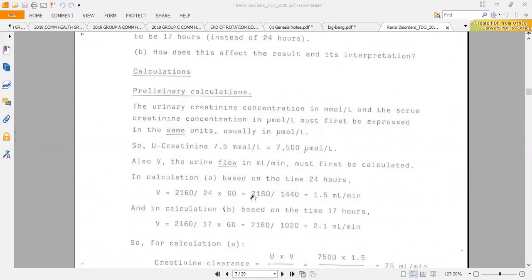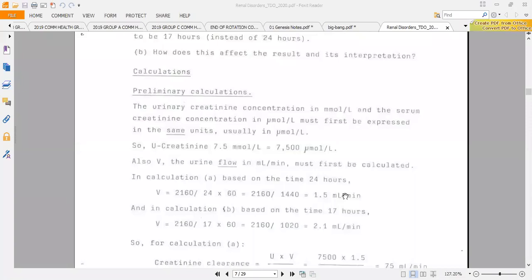If I divide 2,160 by 1440, I get 1.5 mL per minute. This value is what is called the urine flow rate.